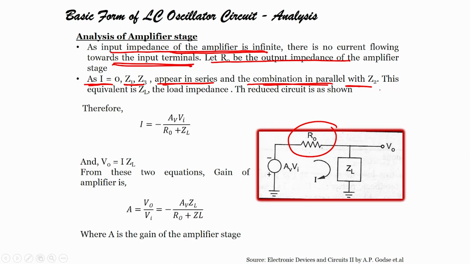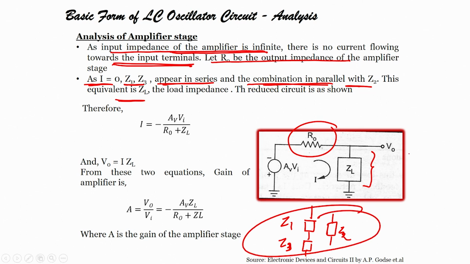This equivalent circuit is ZL. So, Z1 and Z3 in series with Z2, we call this combination ZL.